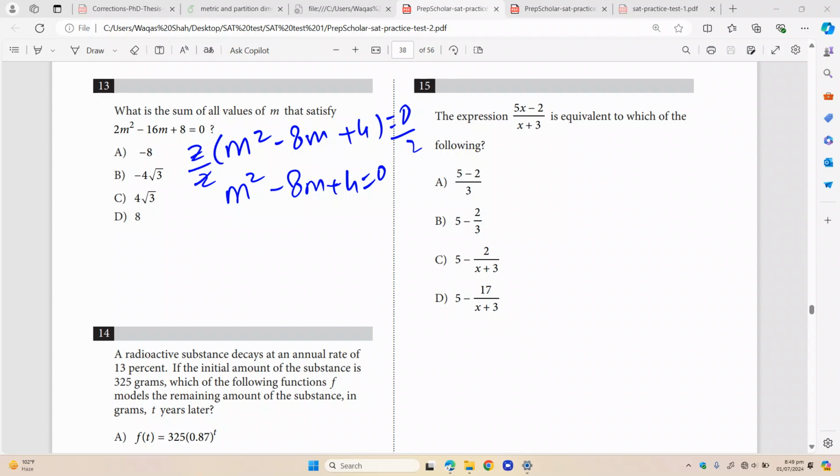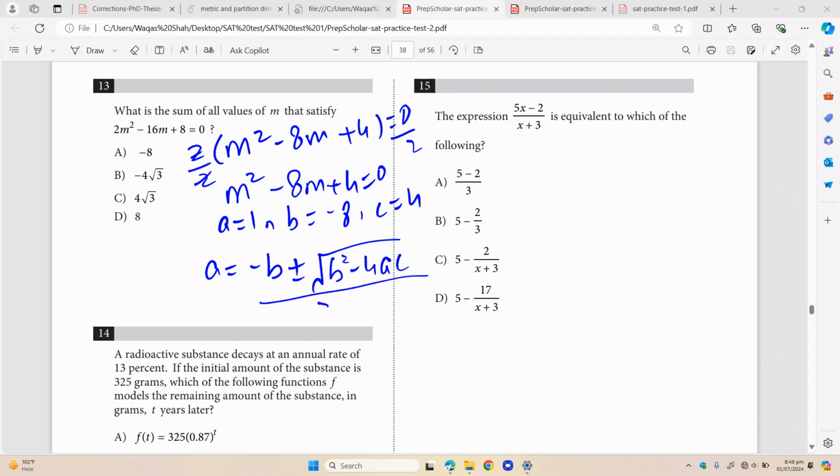Now you can see that a is equal to 1, b is equal to minus 8, and c is equal to 4, and we will plug this into the formula: m is equal to minus b plus minus square root of b square minus 4ac, divided by 2a.